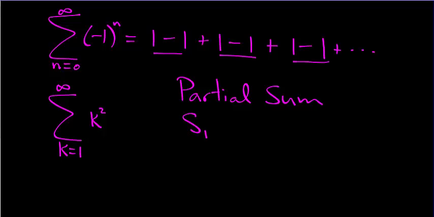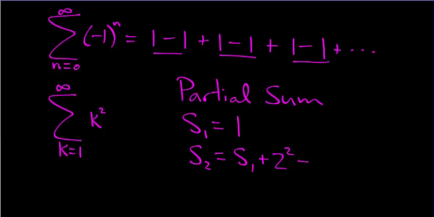We say the first partial sum, we'll denote it S with a little subscript, and that's just when you look at the first term. The first partial sum is 1. And whenever we limit this, whenever we're not going to infinity, we've got a partial sum. So what about the second partial sum? Well, that's the first partial sum plus the next term, which is 2 squared.